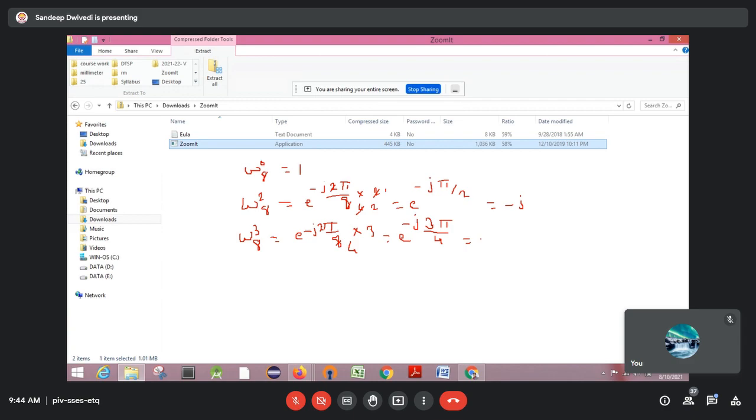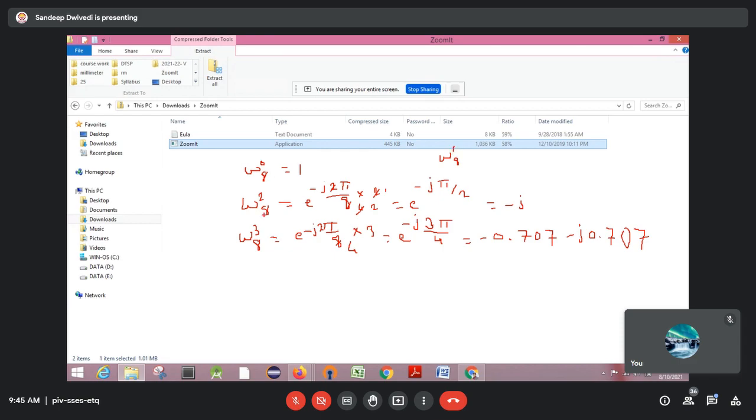So this will be simply minus 0.707 minus j 0.707, like this.